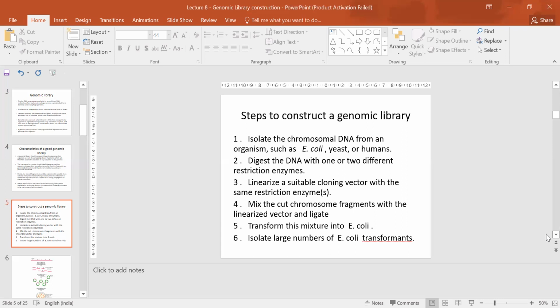Mix this cut chromosomal fragment with the linearized vector, and ligate using a ligase enzyme. And then after ligation, when there is a recombinant, we need to transform it through the heat shock method or electroporation into a suitable host. And finally, we need to isolate a large number of transformant E. coli from the host.